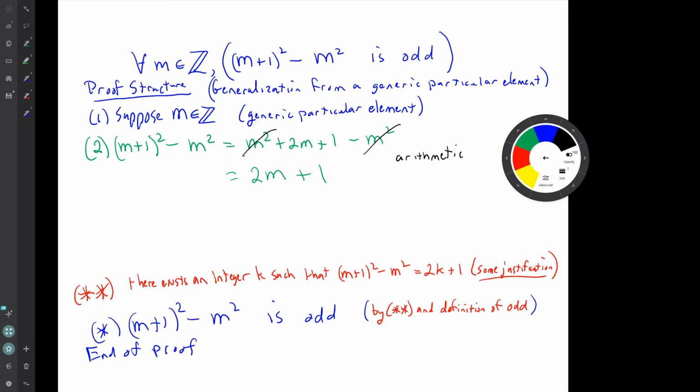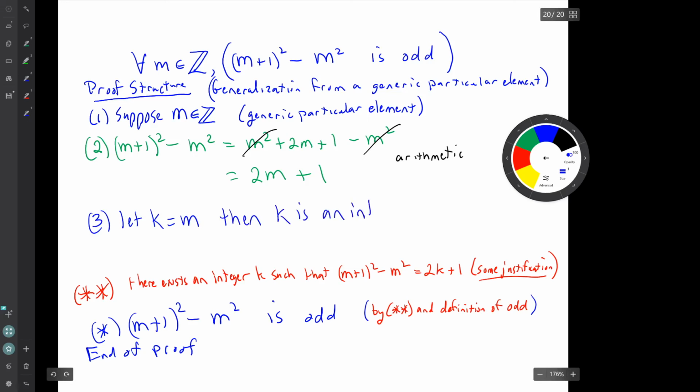Well, look at that. M plus 1 squared minus m squared equals this expression. And look, we wanted to say that m plus 1 squared minus m squared equals that expression, 2k plus 1. So all we need to do is introduce our k and point out that k is an integer.